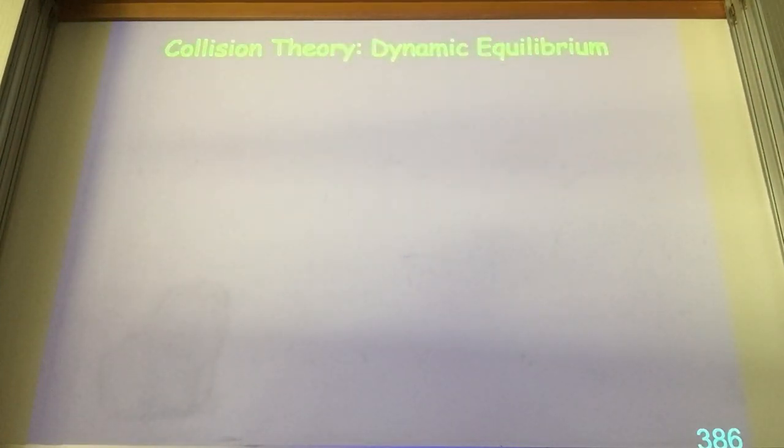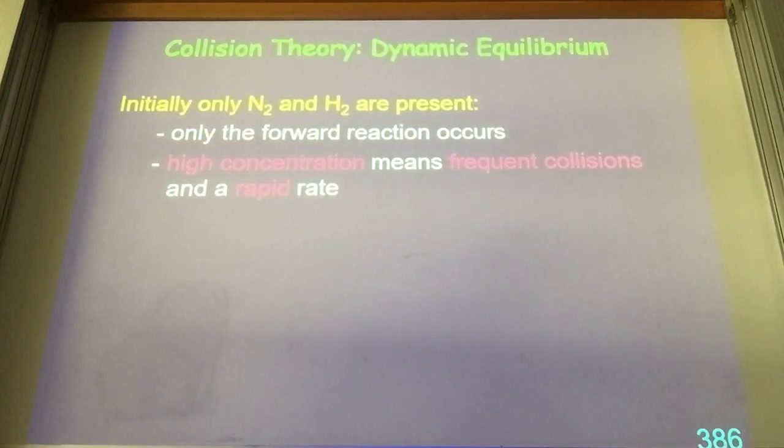So let's look at this in terms of collision theory. And at the end of the day, I think it's the collision theory, particles colliding, which is probably the best way. If you can get your head around this, it's the best way to understand equilibrium. So initially, only nitrogen and hydrogen are present in the vessel. So we've got a high frequency of collision between the reactant particles.